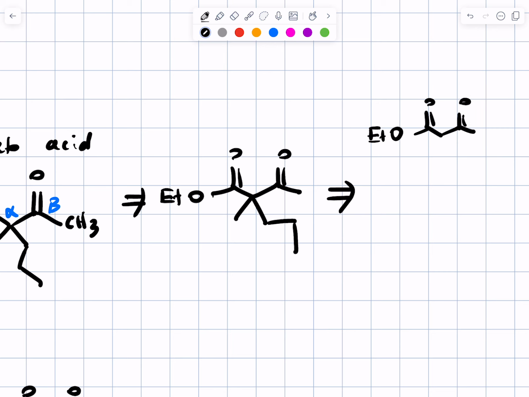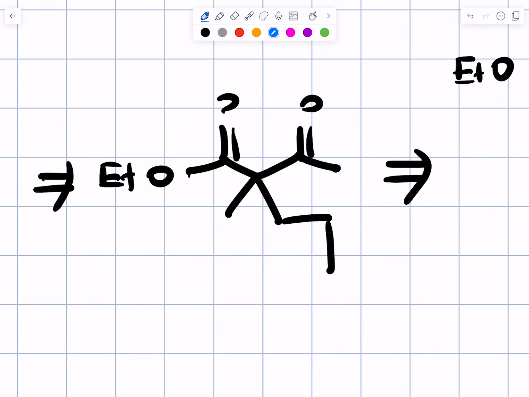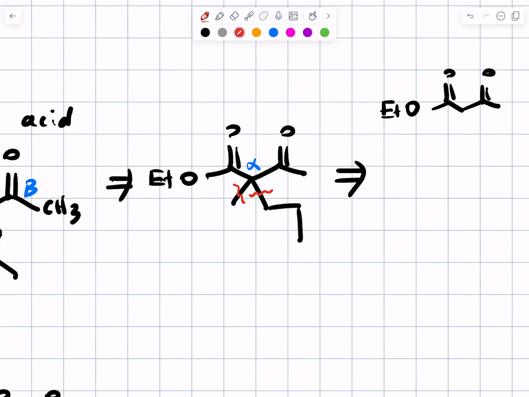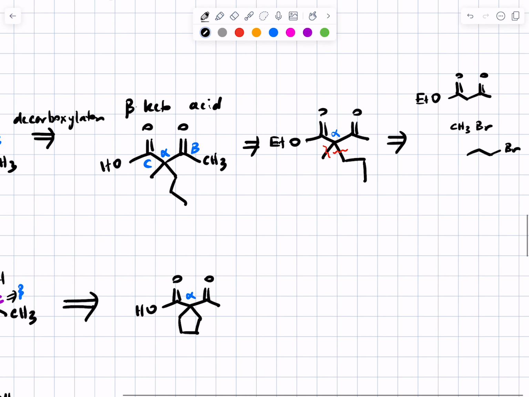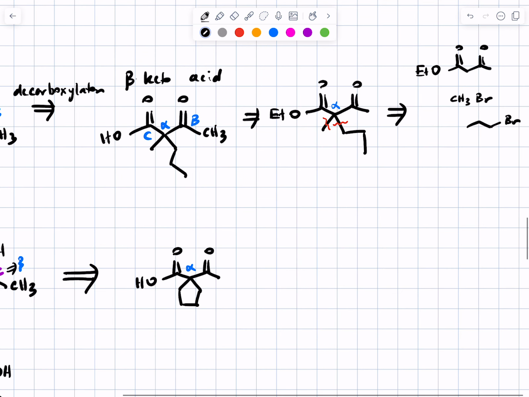To identify what alkyl group or groups I must have added, find the alpha carbon, draw squiggly lines between the alpha carbon and the alkyl groups on it, and then that will tell you which alkyl groups you must have added. 1, 2, 3 carbons, alkyl bromides, alkyl chlorides, alkyl iodides would have been okay.